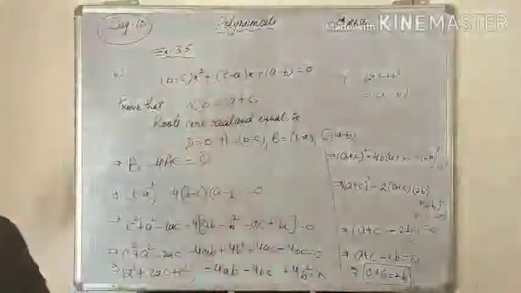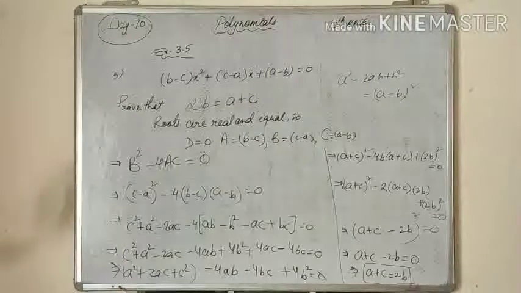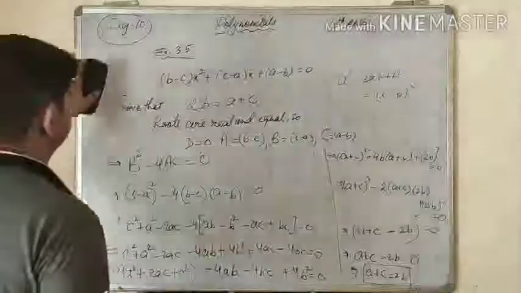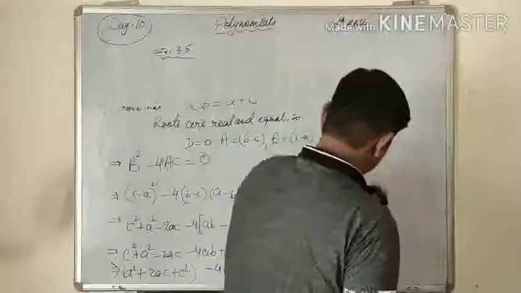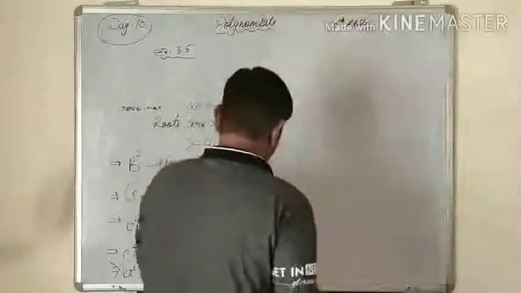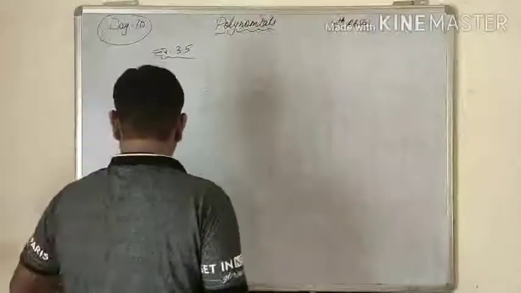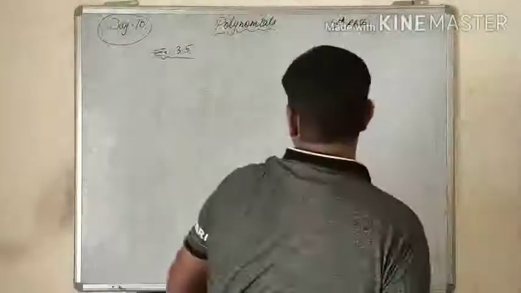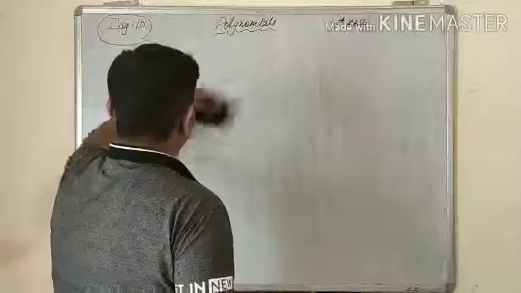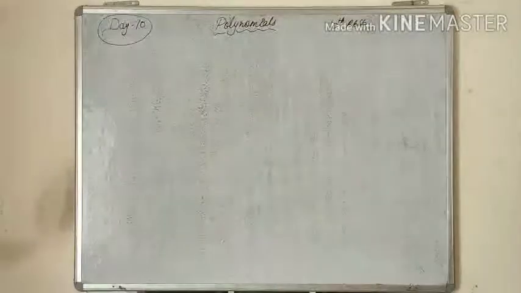Let's take the next exercise, which is 3.6. I'm erasing this. Exercise 3.6, least common multiple and highest common factor.